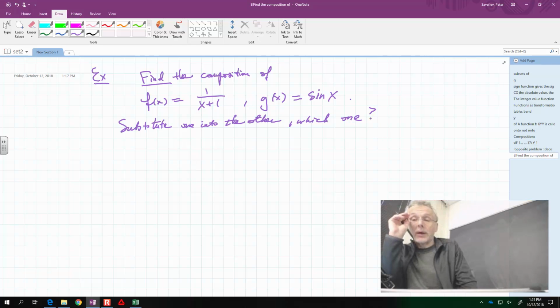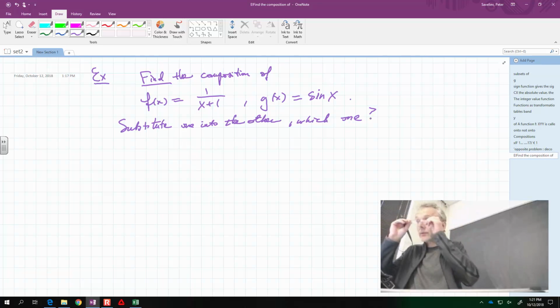Well, I'm saying it was a trick question, but the answer is that we don't know. That is the problem with this wording. Unfortunately, you're going to see it in the next homework. So you can do either substituting. If it is put this way, then you have to figure out either do one or the other or both, depending on the circumstances. When you just say find the composition, it is ambiguous.